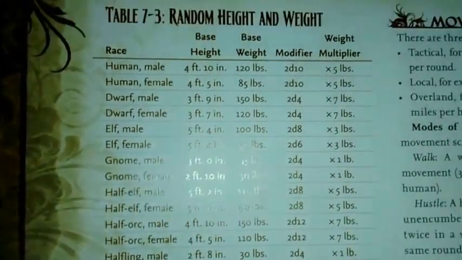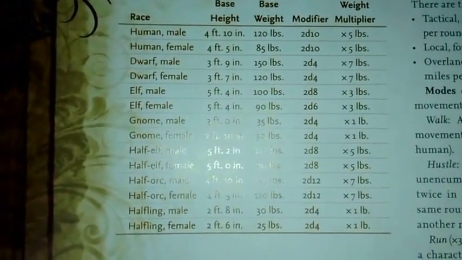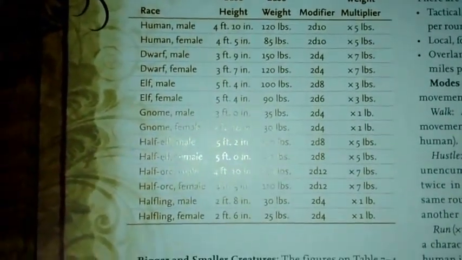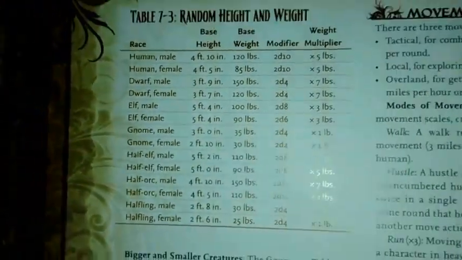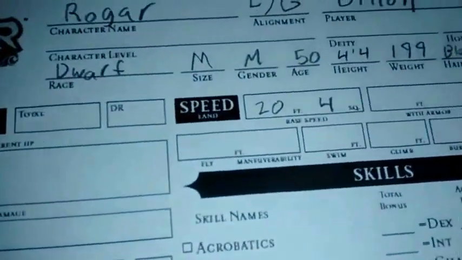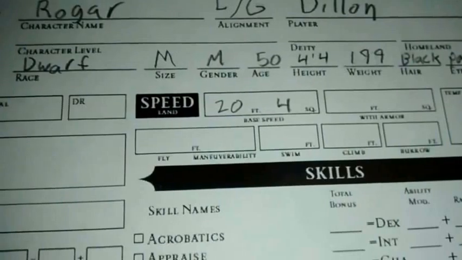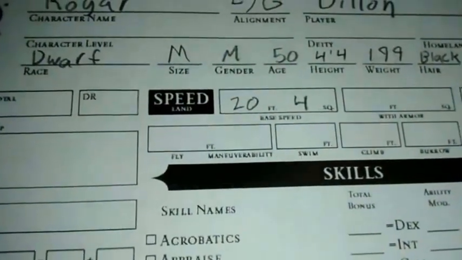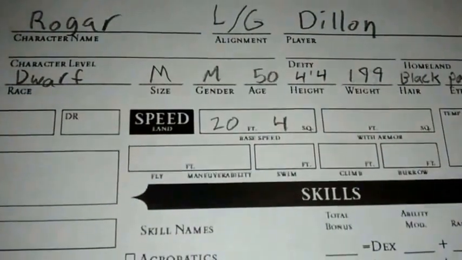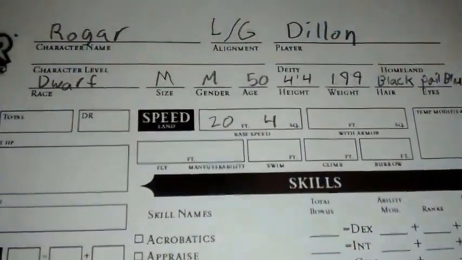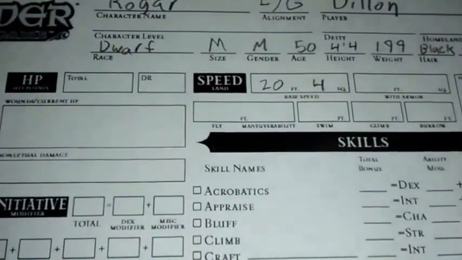With me, I rolled 2 dice with 4 sides, and I came up with a 4 and a 3, so that's 7. So my character's height is 4 foot 4, because I'm adding 7 inches to 3 foot 9, and his weight is 199, because I'm adding 49 to 150, and the reason I'm adding 49 is 7 times 7.